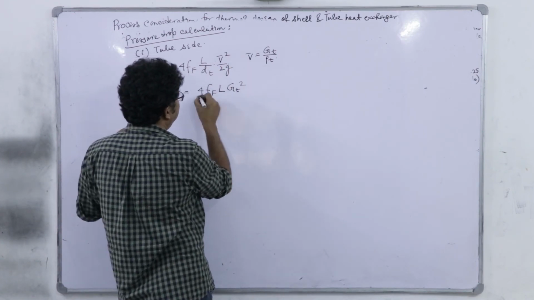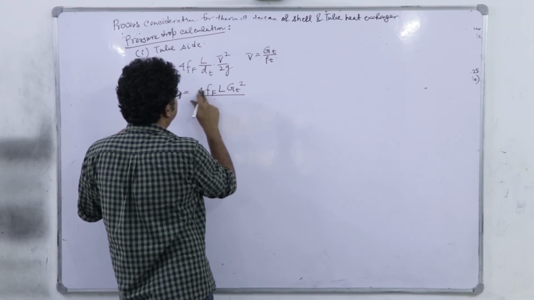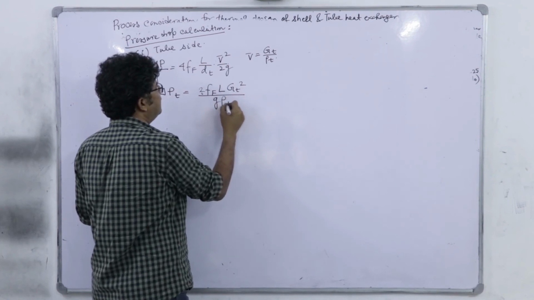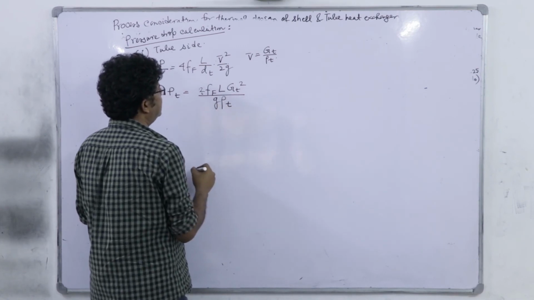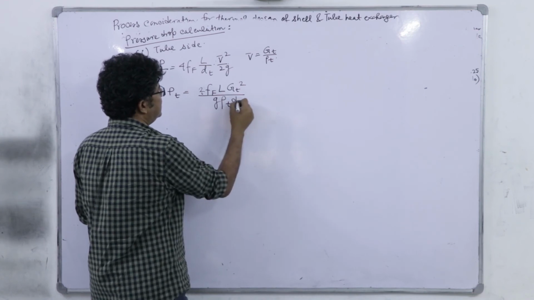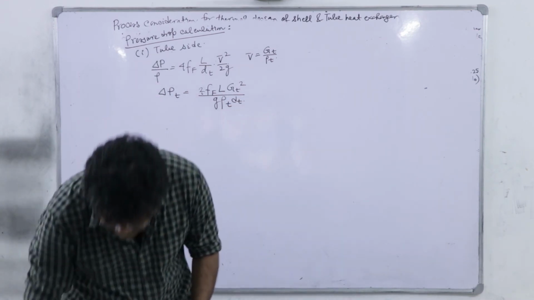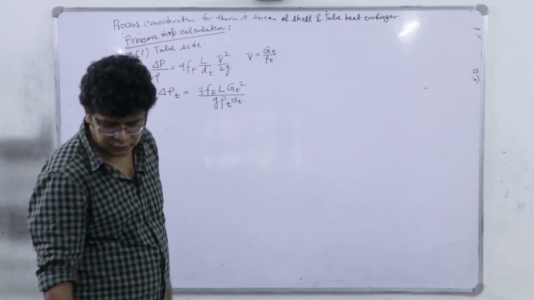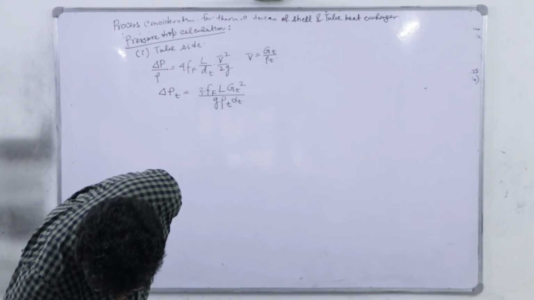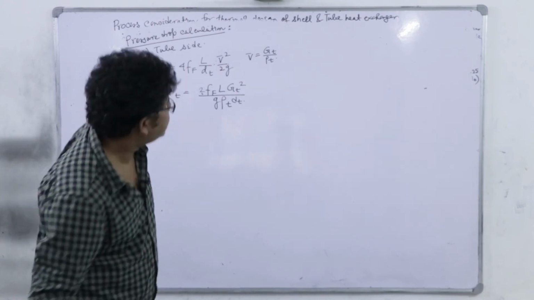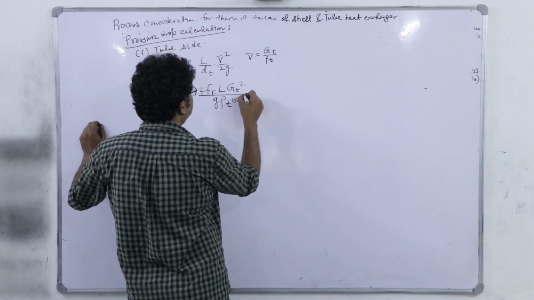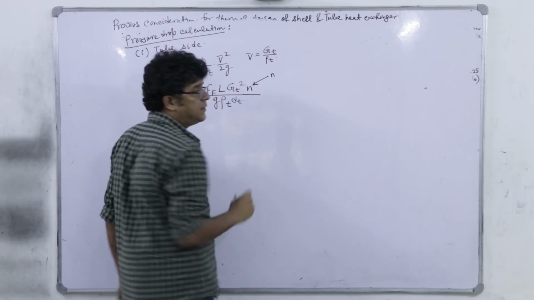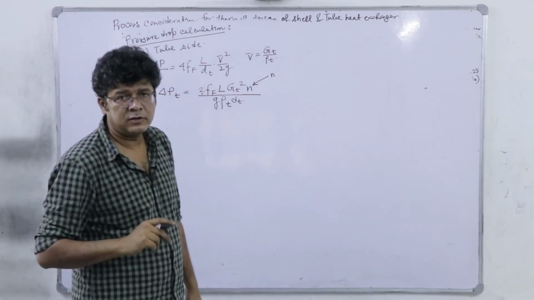So, G_T square divided by 2g, then here we will have a rho_T, and d_t will be there, the diameter of the tube, and the empiricity what we introduce, right, is the number of tube passes n. So, n represents here, because if there are 2 passes it is covering 2 of L.